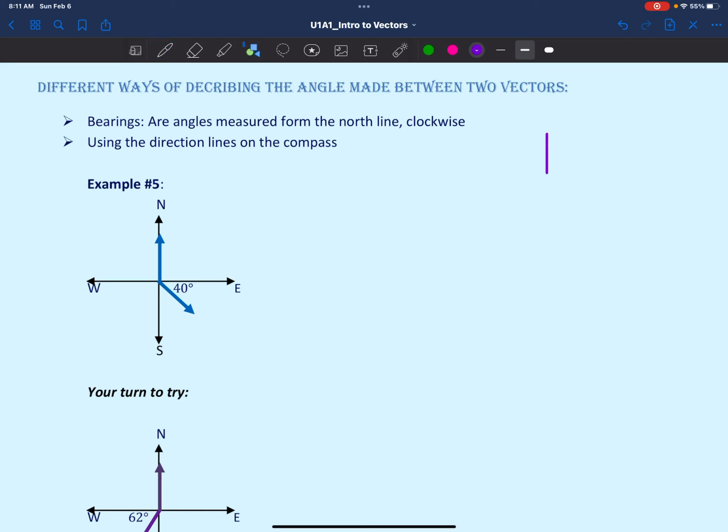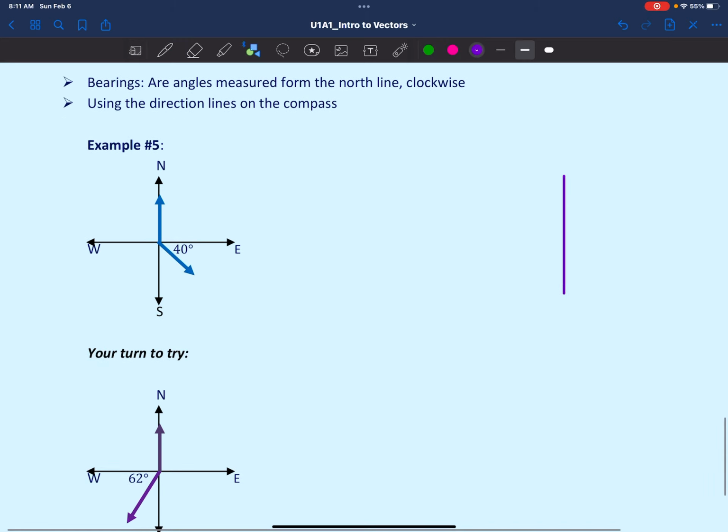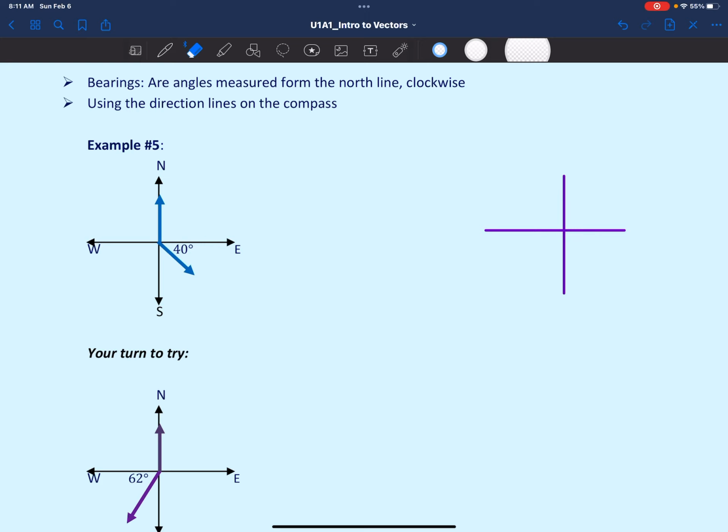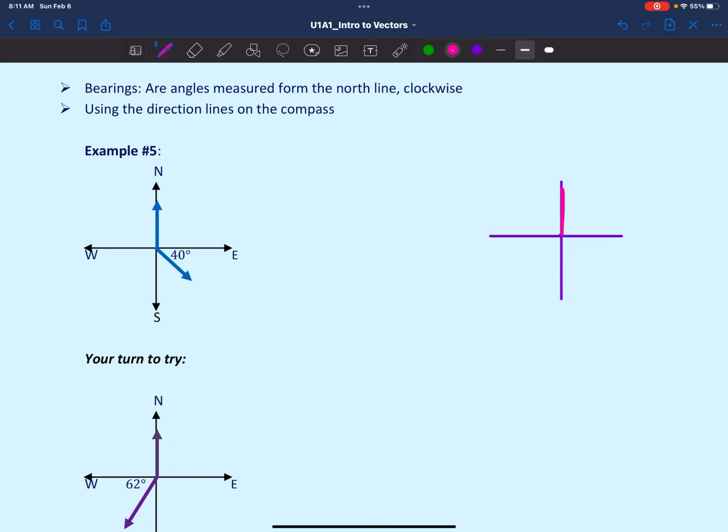So this would be the compass represented by these two lines. Here we go. So we refer to the first one here as the north line.